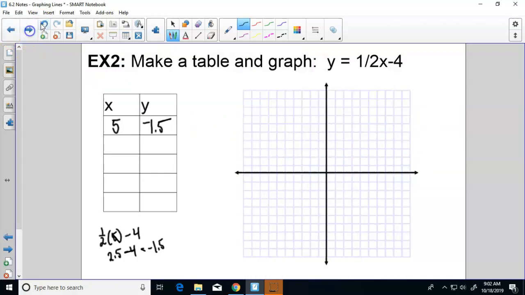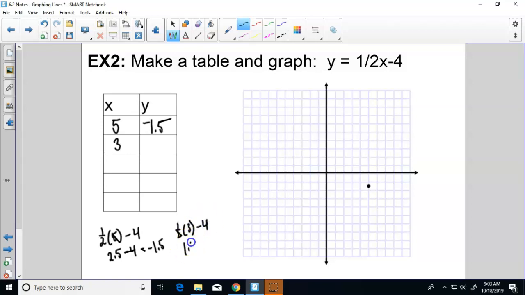So, negative 1.5, that'd be about right here. You're going to have to estimate a little bit. Okay. Let's see, Dakota, give me another number. 3. So if we plug in 3, we'll have 1/2 times 3 minus 4.